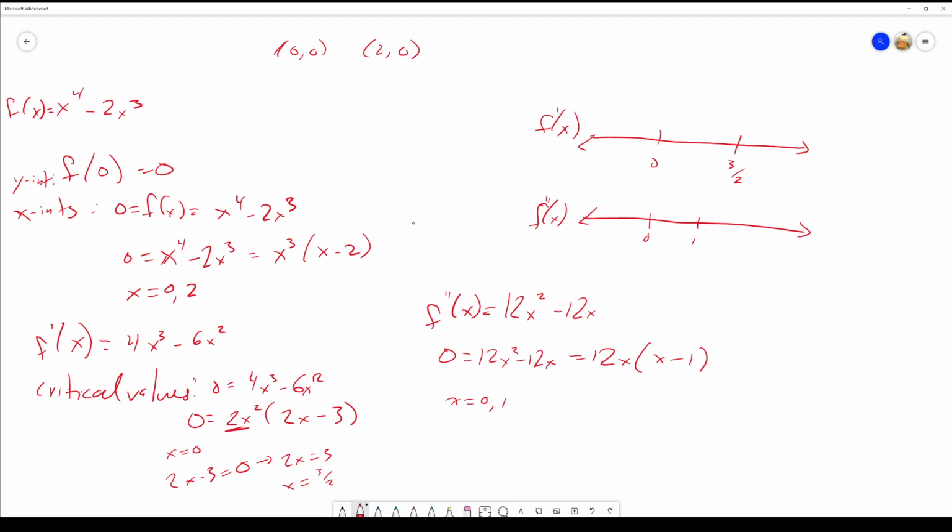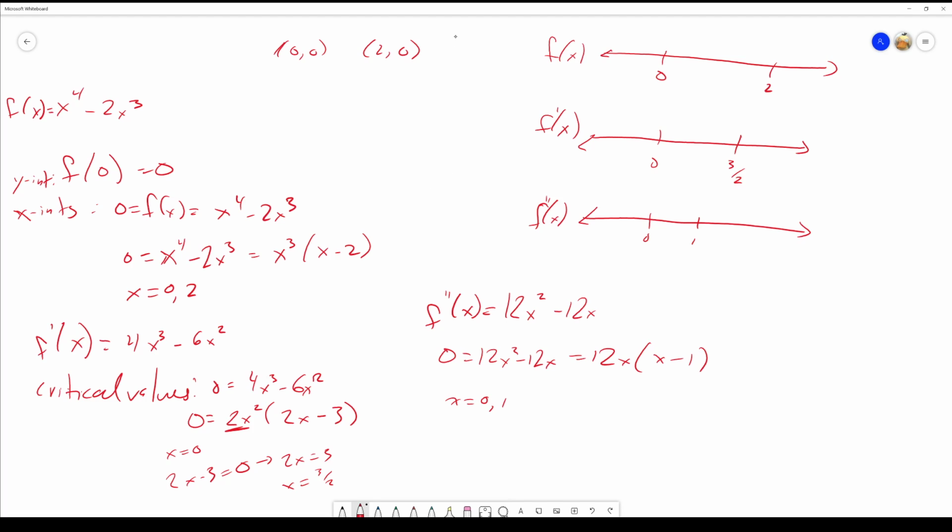So in each case, I can actually make a number line up here with 0 and 2 on it, because I can put the x-intercepts on this line. So, all right.